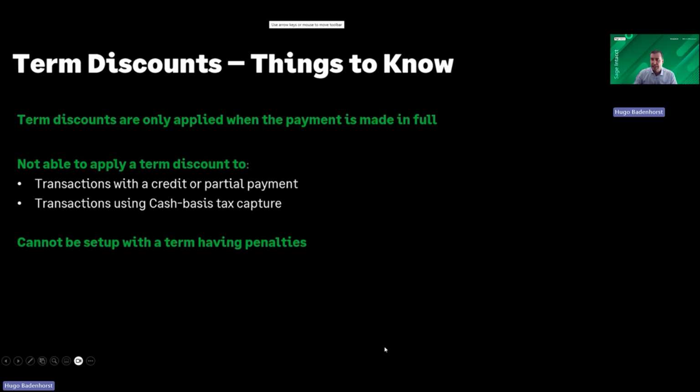And it can only be on the discount side. So if we include penalties, that won't be available yet. So this is the sort of first release into it. Obviously, going forward, there might be some additional things happening, including the penalties, moving into AP as well. So a few things to look forward to. I think in this instance, probably just the initial one, see how it goes, and we'll roll out the rest going forward.